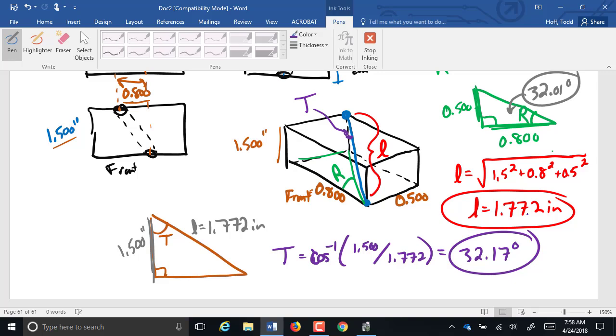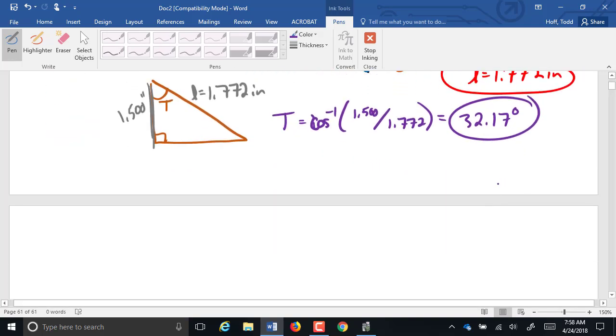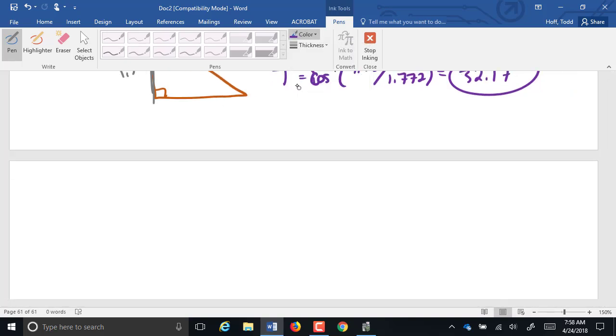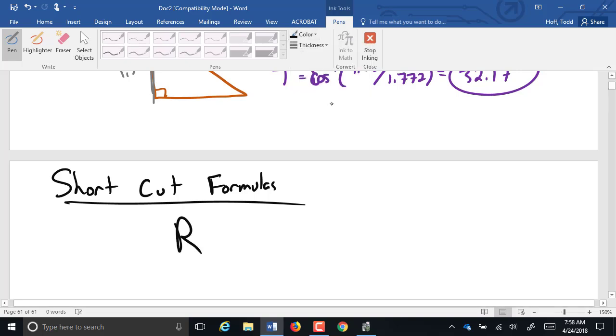Okay. Well, there are shortcut formulas for this. I don't recommend memorizing them, but they are there. For calculating R, you can probably guess what that shortcut formula is because we've already used it.